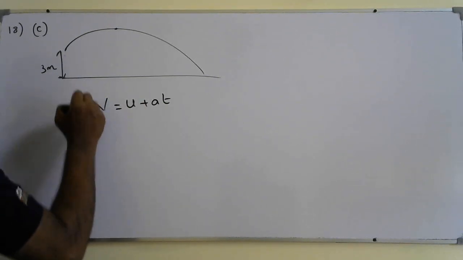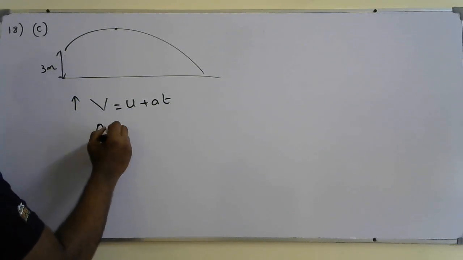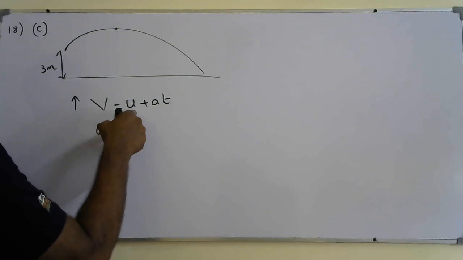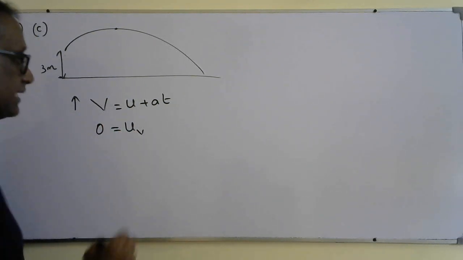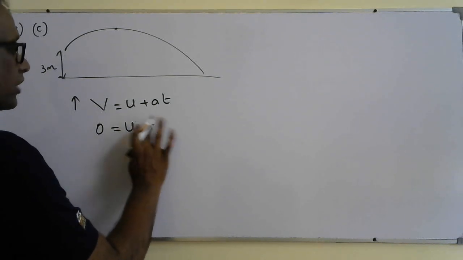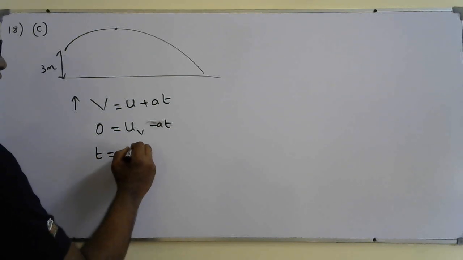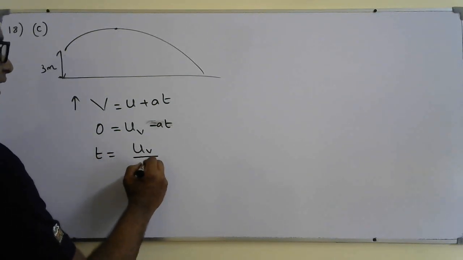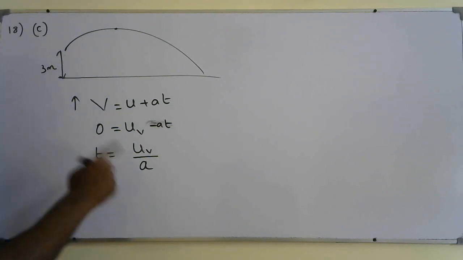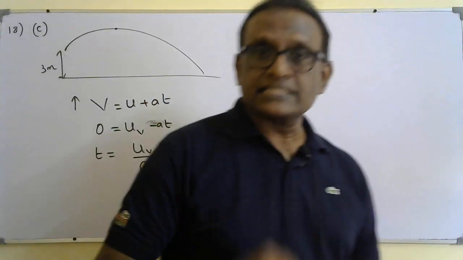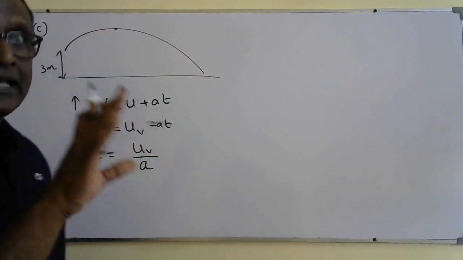When you consider vertically upwards, the highest point velocity is 0. Initial velocity vertical component is the same as earlier, initial velocity minus AT. So T is going to be UV over A, where A is greater than 9.81 when there is drag force. So the time taken to reach the highest point will be less.